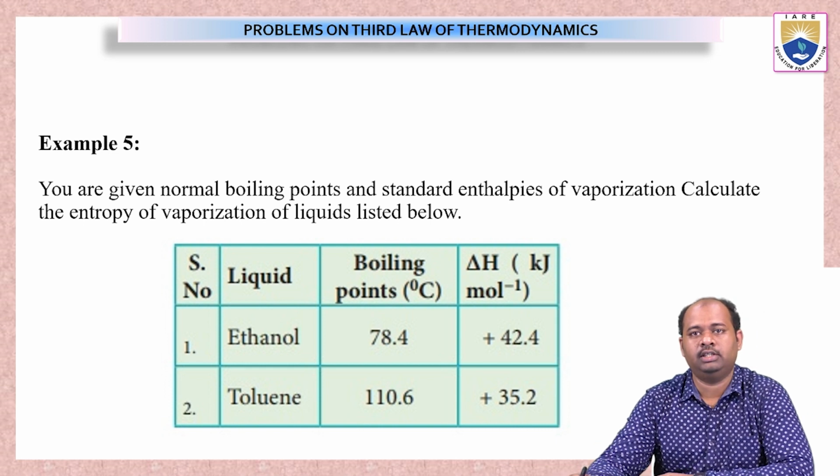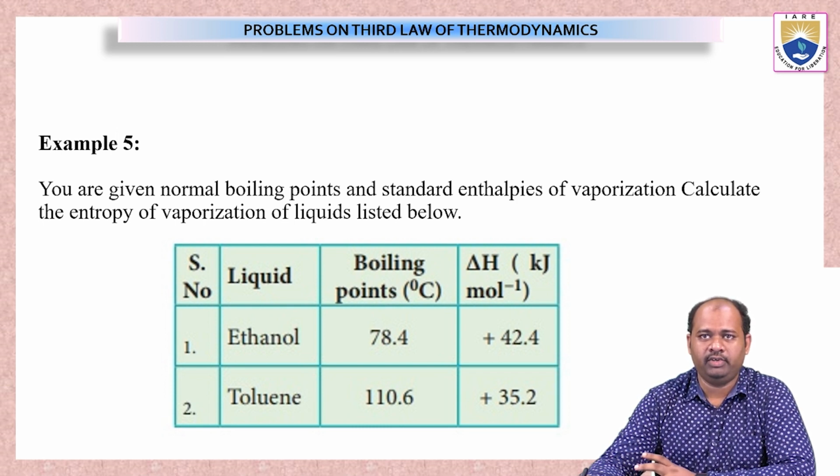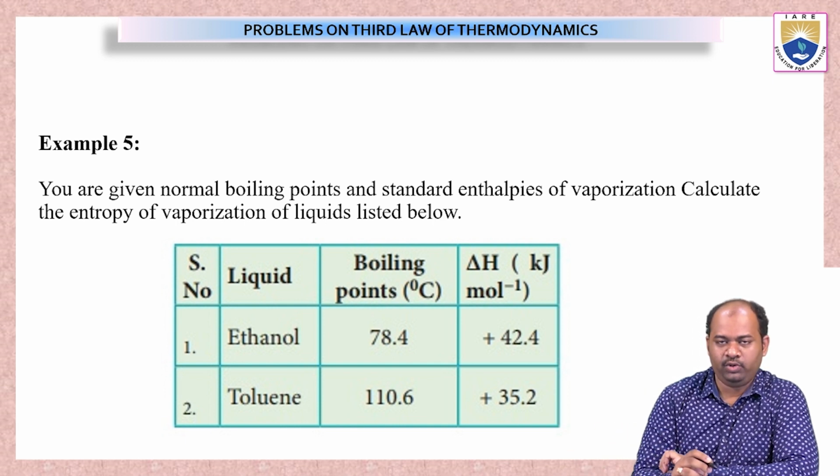So first we will study the question. You are given normal boiling points and standard enthalpies of vaporization. Now we have to calculate the entropy of vaporization of the liquids listed below. There are two liquids given here.